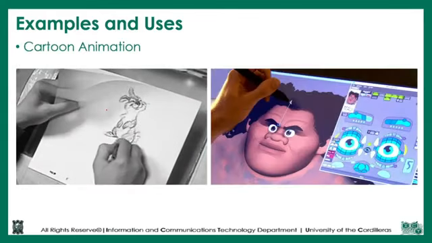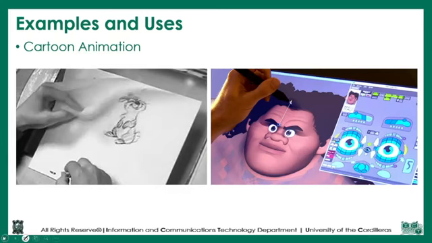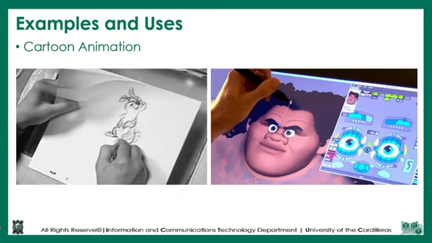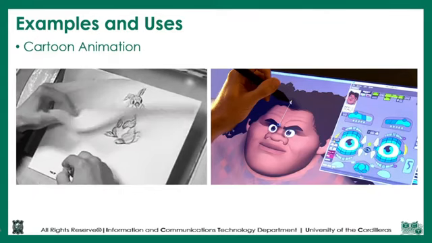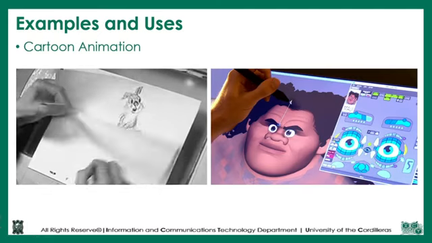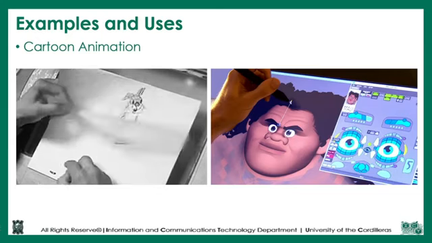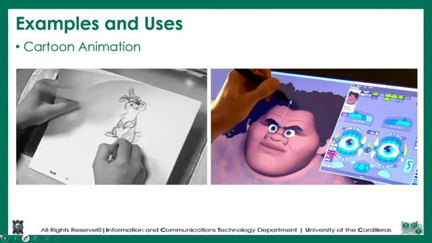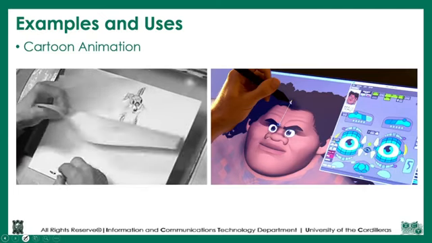So here are some examples. We have obviously cartoon animation here. On the left hand side, we have a traditional animation done on paper. So as you can see, it is a drawing of a rabbit, and each page represents a frame. On the right hand side, we have a character from an animated show. I believe this is Maui from the movie Moana.